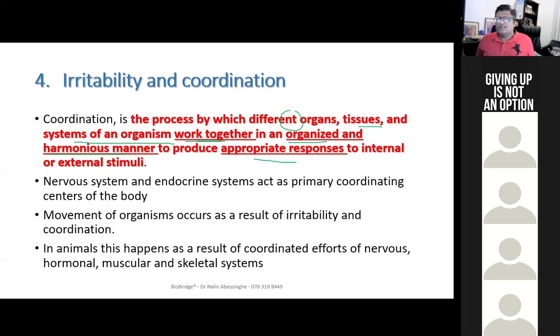And hormonal effects. If one hormone goes up, another hormone should go down, right? When there is high insulin, glucagon should go down, right? It is coordinated by your endocrine system, right? We'll be talking about those things in detail.